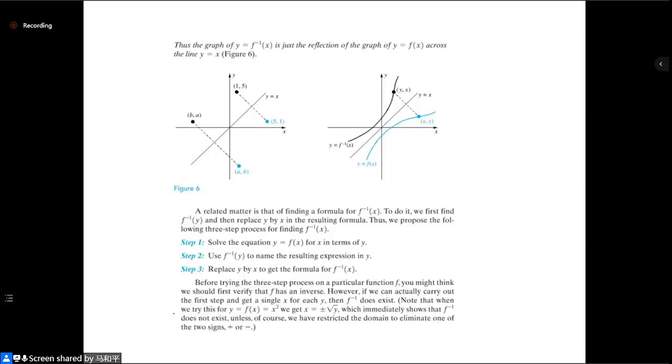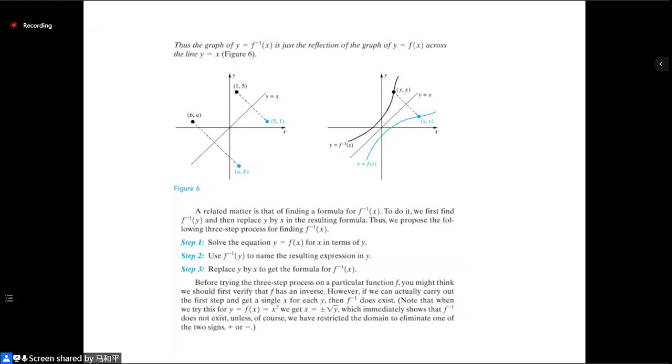So we give the graph of the inverse function. The graph of y equals f inverse x is just the reflection of the graph of y equals f(x) across the line y equals x. This means the point (5, 1), if we interchange x and y, becomes (1, 5).